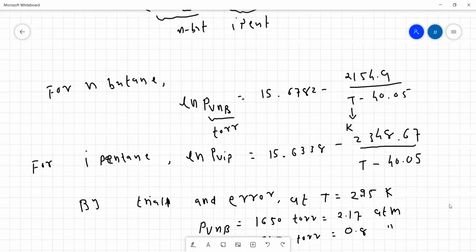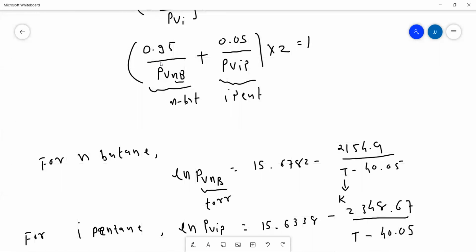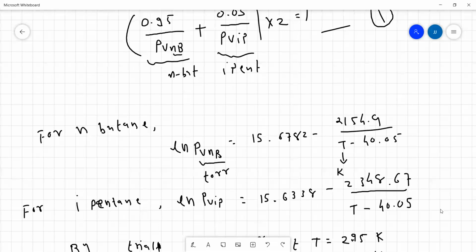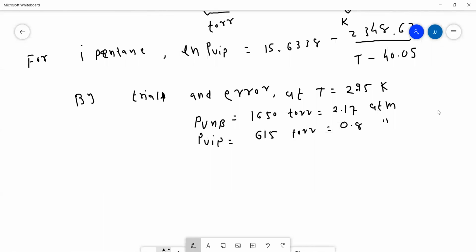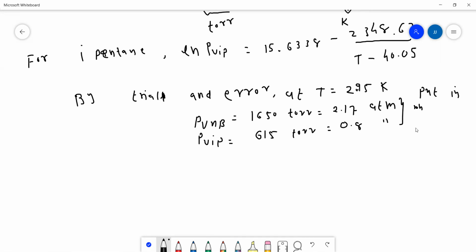And if you substitute here, let's say this is equation number 1, then put in equation 1.